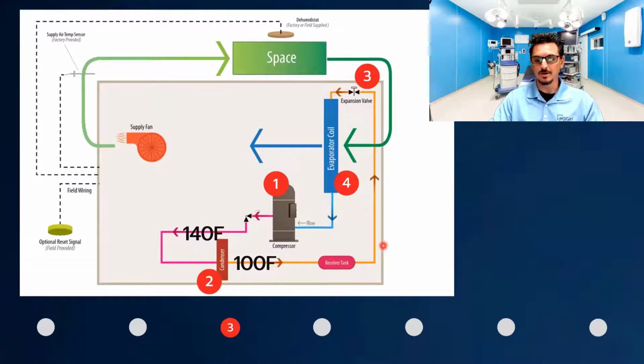So 100-degree liquid comes back around to your pressure drop or expansion device, goes through there, and when it does, it cools off and goes to the low side of the system, let's say 42 degrees. It goes through your evaporator coil, and what happens is this air boils off the liquid into a gas.